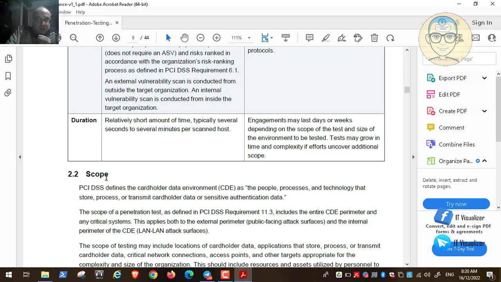So the PCI standards focus on the cardholder data environment, or the devices that will be used to process and transmit sensitive data, maybe financial data, commercial data, or sensitive authentication data. This is why the PCI standards are very famous and are used worldwide.